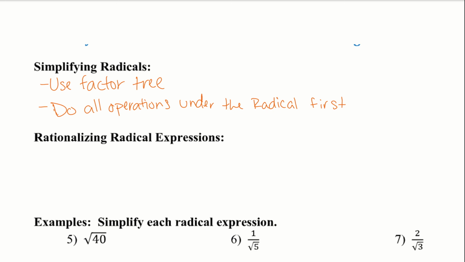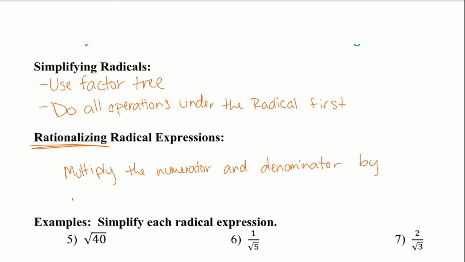All right, and then rationalizing radical expressions. This is when it's in a fraction. Rationalizing means we have a square root in the denominator. What you are going to do is multiply the numerator and denominator by the radical in the denominator.